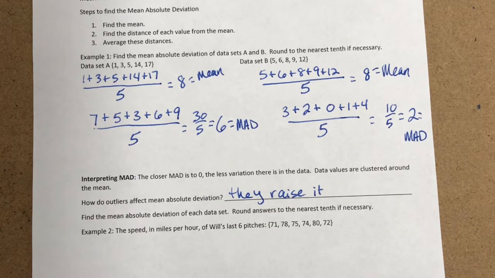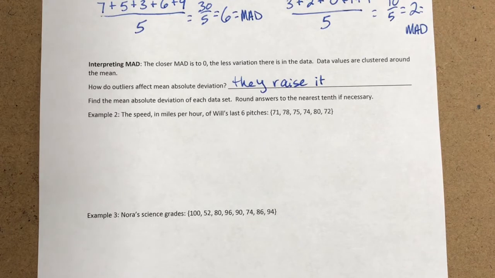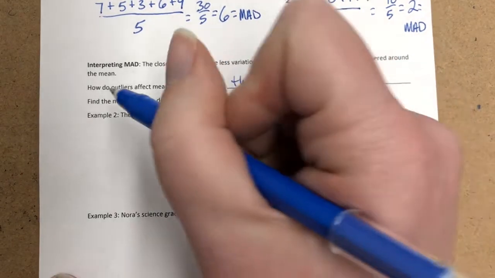So we want to find the mean absolute deviation of each data set and round answers to the nearest tenth if necessary. So for example 2, we have the speed in miles per hour of Will's last 6 pitches: 71, 78, 75, 74, 80, and 72. So I'm going to start by finding the mean.